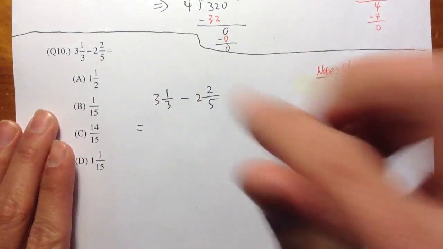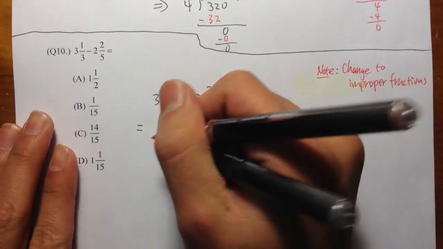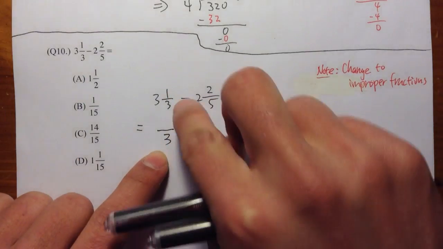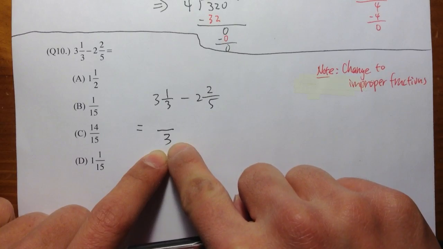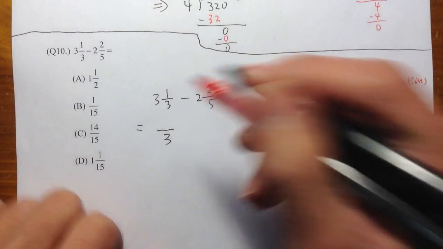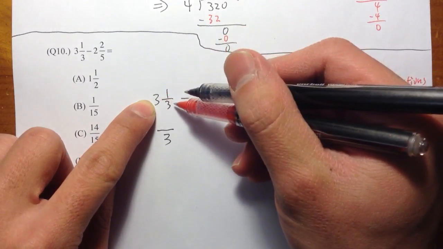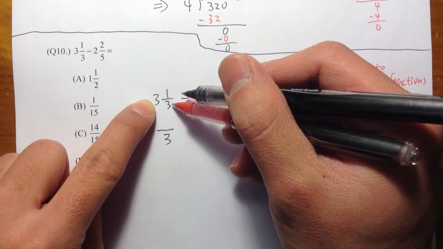How do we change a mixed number to an improper fraction? This is the step. Okay? So for 3 and 1/3, the denominator 3 stays the same. And to figure out the numerator, we take this whole number 3, multiply by the denominator 3. So 3 times 3 is 9.